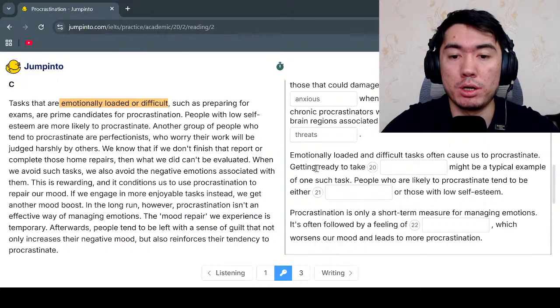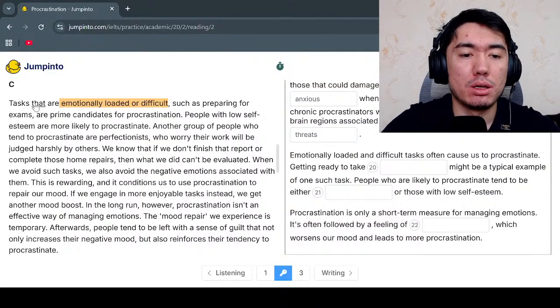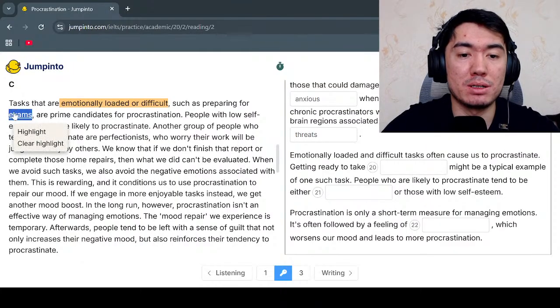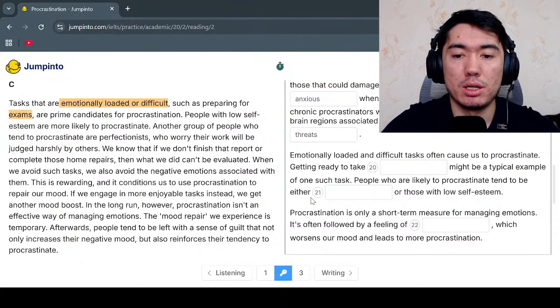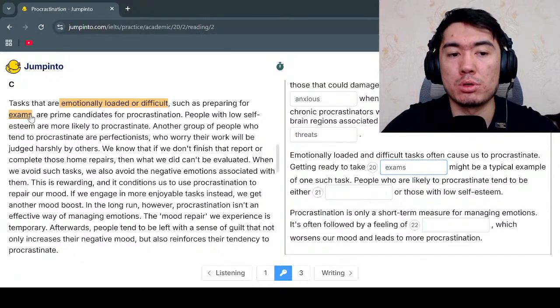That's the location keyword. Getting ready to take something might be a typical example of one such task. Getting ready to take a shower, maybe. It's just preparing for exams are prime candidates for procrastination. Take exam is a valid collocation in English, but it should be exams because it's in plural here.